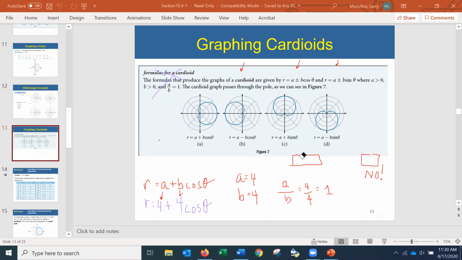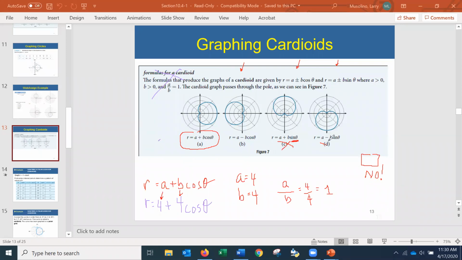Remember, our equation is 4 plus 4 cosine theta. The only match you could see is graph A. I know graph C is no good because graph C involves sine theta.